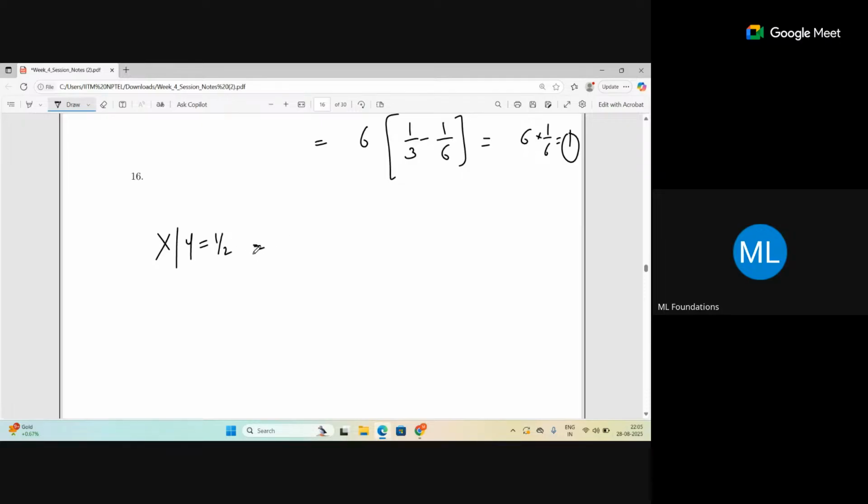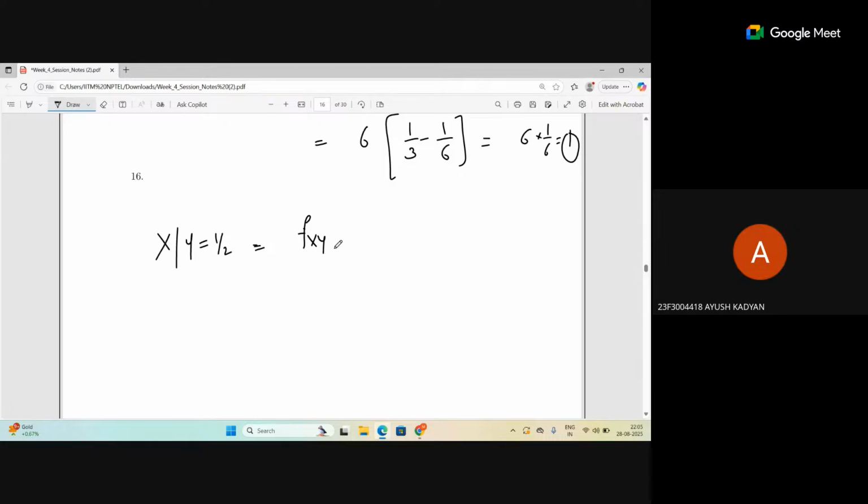According to probability, it should be the joint distribution of x with y equal to 1 by 2, divided by the marginal probability of y at 1 by 2.